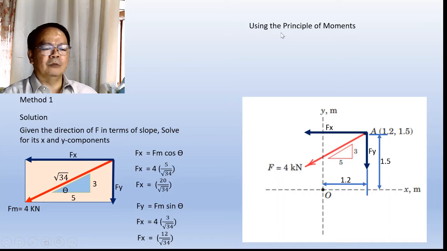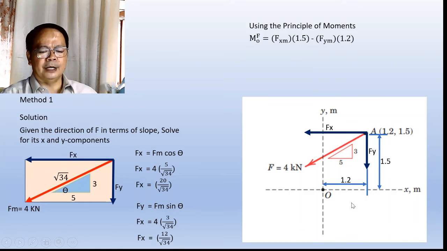The moment of the force shall be equal to the sum of the moments of the individual components. So if we substitute those values, the moment of the force shall be equal to F sub x, 1, multiplied by the moment arm of 1.5. And they are producing moments in different directions. You will notice that F sub y produces a clockwise moment effect about O, therefore that would be negative, minus F sub y multiplied by 1.2.